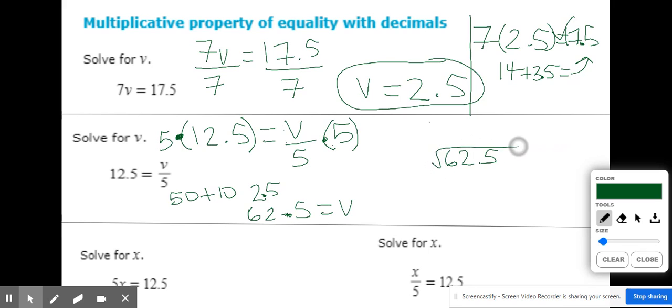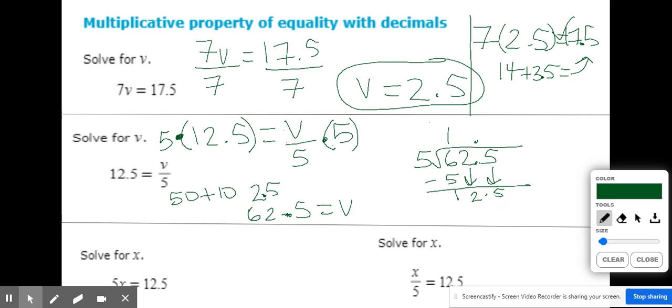All right, and I have 62.5 divided by 5. Well, 5 goes into 6 once. Oh, we're on a good track. Bring that down, bring that down.